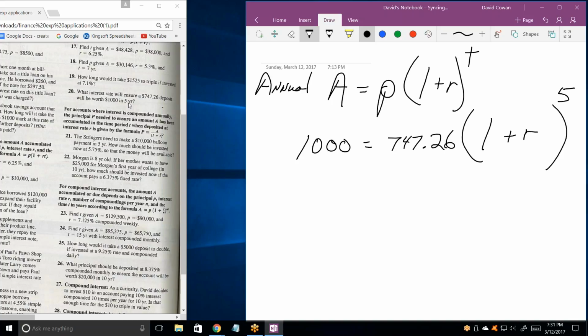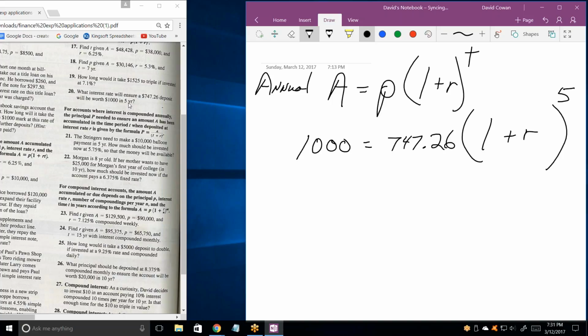Okay. Now, I'm thinking this is such a contrived question because you would never ever get this in nature. I guess you'd get it if you went to a bank and said, I want to turn 747 into 1,000 in 5 years.